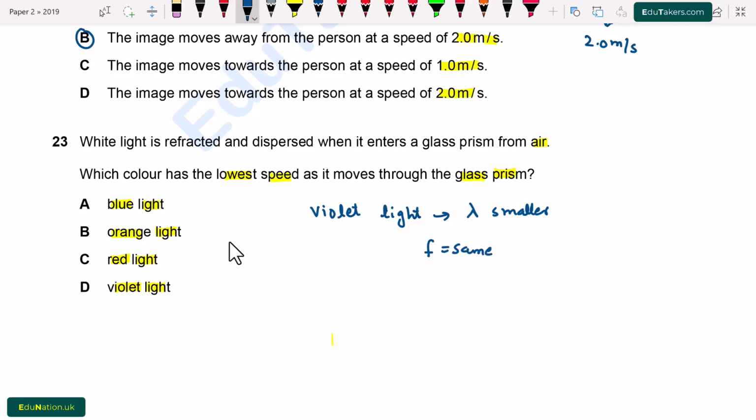And according to the relation v equals f lambda, if the frequency is the same, then v is directly proportional to wavelength. When the wavelength of the violet light is smaller, then the speed will be small. It means that it's the violet light that has the lowest speed. So option D is correct.